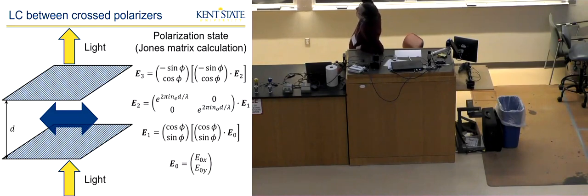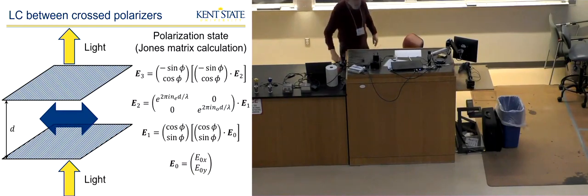And on the top, let's say there's an analyzer oriented in the phi plus 90 degree direction in the xy plane. Light passes through and gets polarized, then propagates through the liquid crystal, and then goes through the second filter.